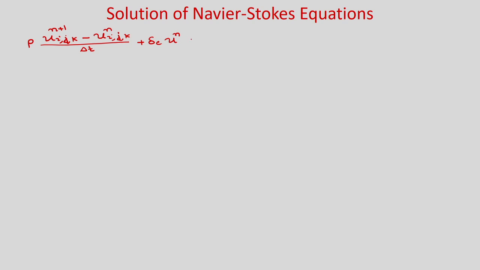We have already discretized this term, and we have the pressure gradient term, p i plus 1 j k minus p i j k. This you have to consider at n plus 1, because you are solving the velocities at n plus 1.